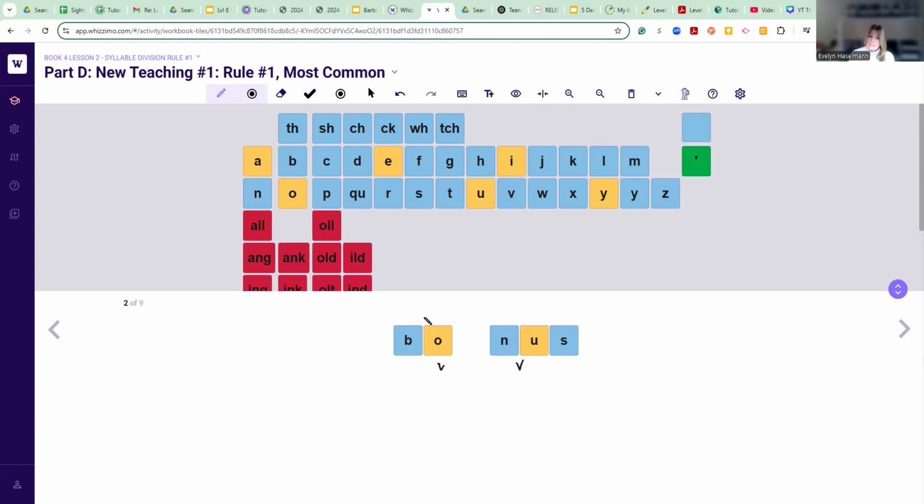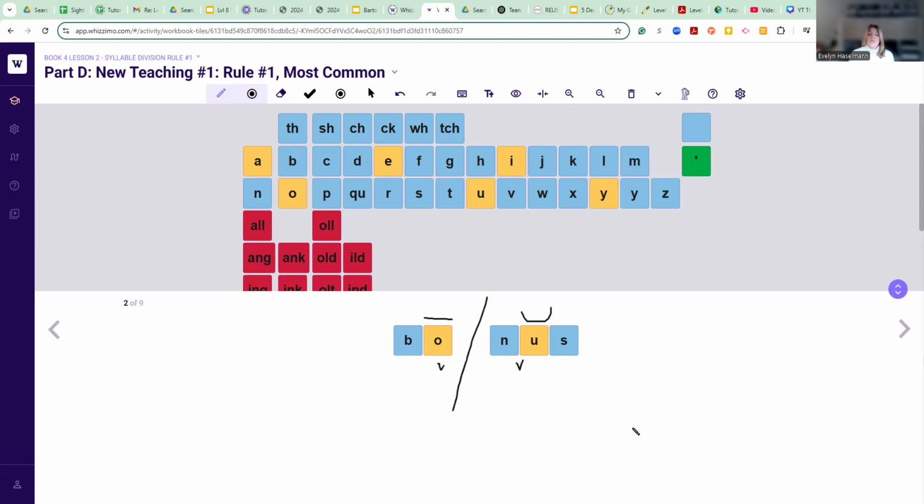Now this creates an open syllable like we learned in the last lesson. And so right now this word is going to say bow, and the second syllable is going to say nuss. This is a closed syllable. So the word here is bonus, and this is how they're decorated or coded, okay? So that you know that this is an open syllable and this is a closed one.